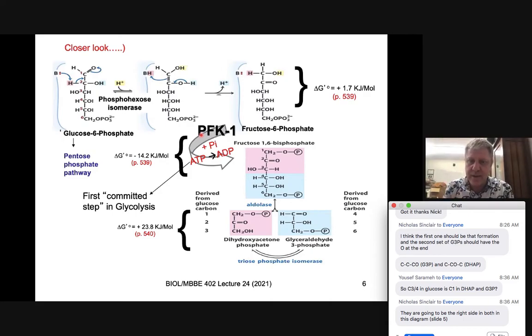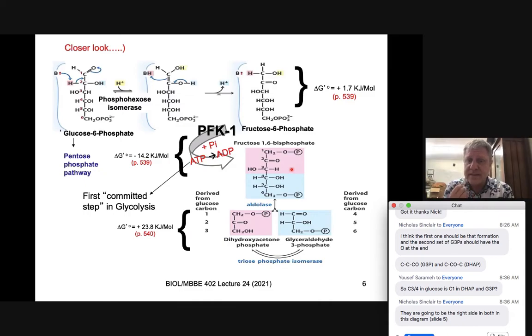Now, with the phosphofructokinase number 1, we are now going to consume an additional ATP and producing inorganic phosphate and ADP to give us the dual labeled position of the phosphorylation occurring in this yellow part here. Now, this particular reaction is very favorable, negative 14.2 kilojoules per mole. And in this case, we will produce the fructose 1,6-bisphosphate, as we've seen previously in the other diagram.